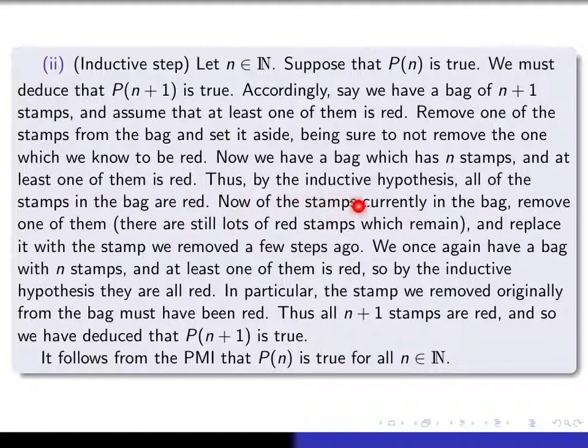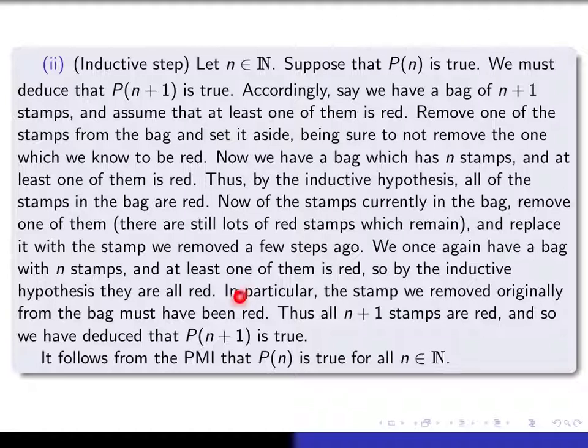Now of the stamps currently in the bag, we can take one of them out. Since they're all red, we'll just make sure that when we remove a stamp, we're still leaving a red one in there. And we're going to replace the one that we just removed with the one that we put aside a few steps ago. So now once again, we've got a bag, it's got n stamps in it, at least one of them is red, so by the inductive hypothesis, they're all red.